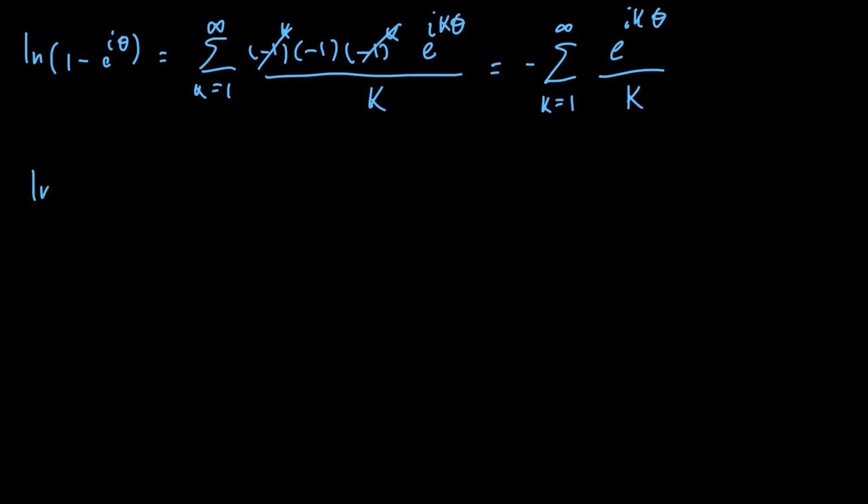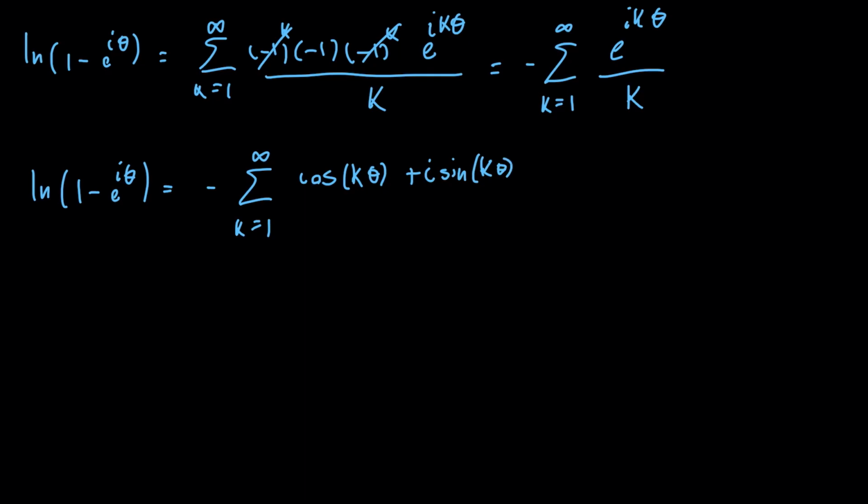So we have the natural log of 1 minus e to the i theta. We have minus the sum from 1 to infinity, e to the i k theta can be rewritten as the cosine of k theta plus i times the sine of k theta, and it's going to be divided by k.